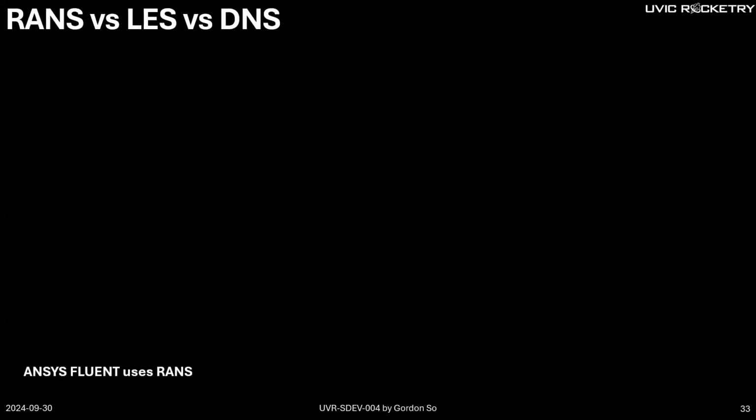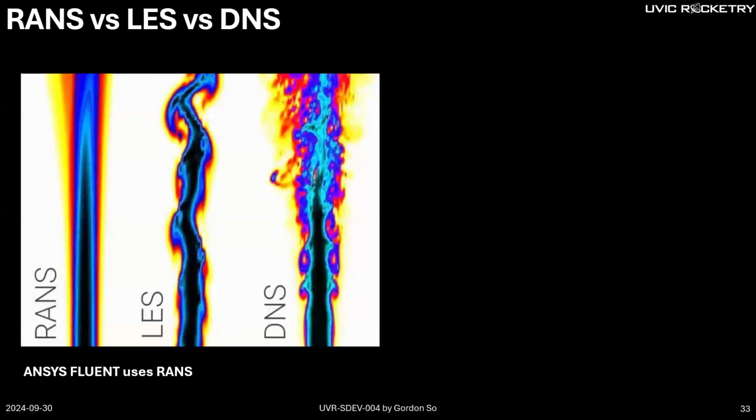So how does the simulation outcome look based on these models? This is a really good example. I think this is modeling a flame, or a flow just flowing up. You can see here, RANS is like a mean profile. You get the general picture, which may be good enough.